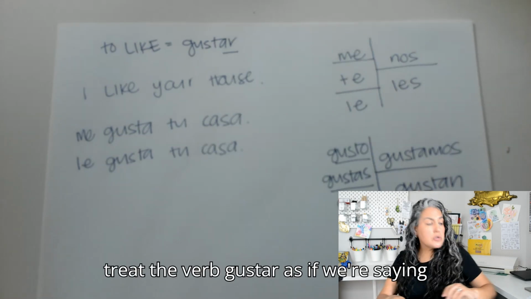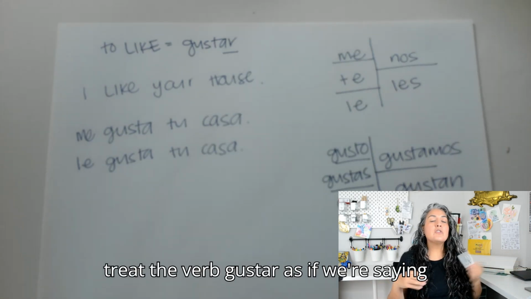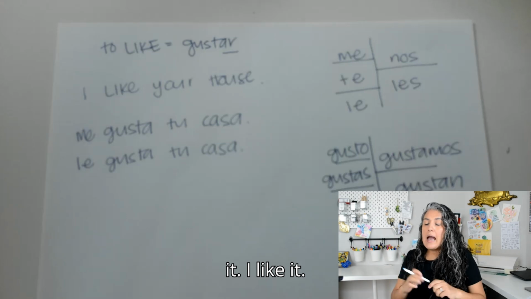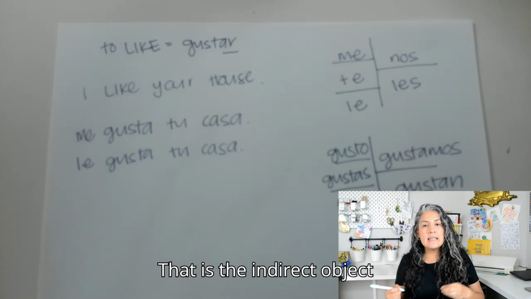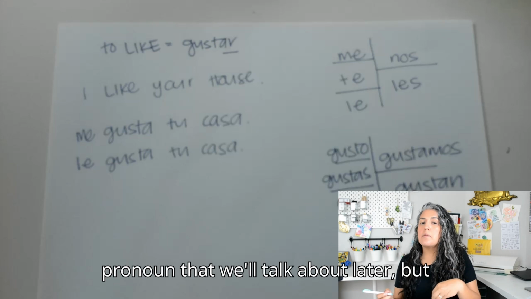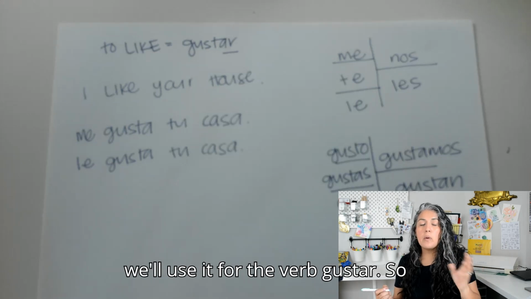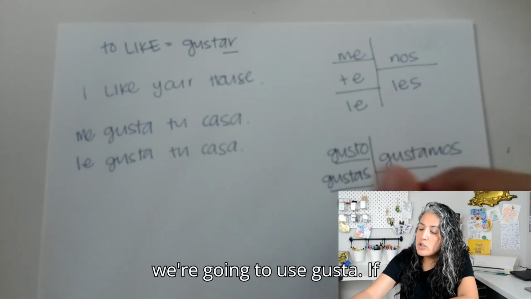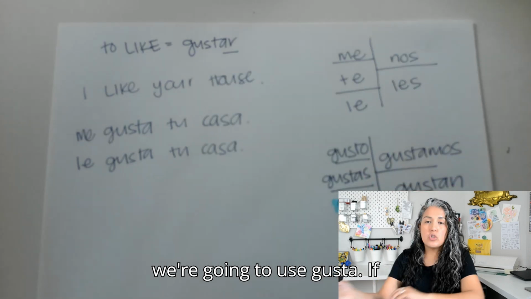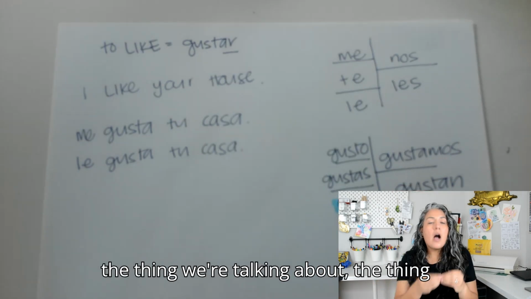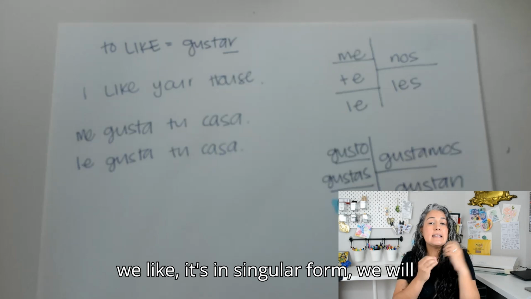So we're going to treat the verb gustar as if we're saying it pleases me. That is the indirect object pronoun that we'll talk about later, but we'll use it for the verb gustar. So we're going to use gusta if the thing we're talking about, the thing we like, is in singular form.